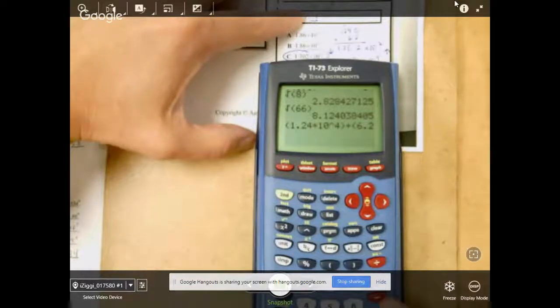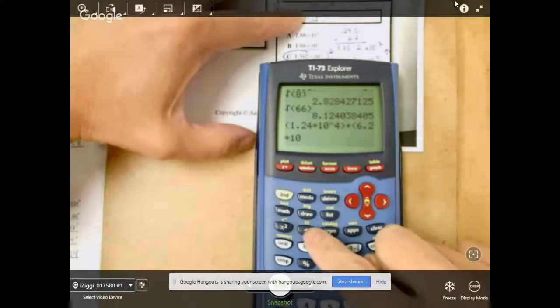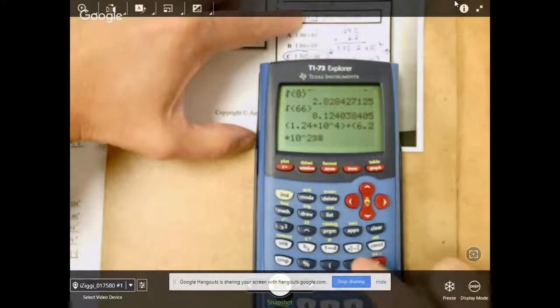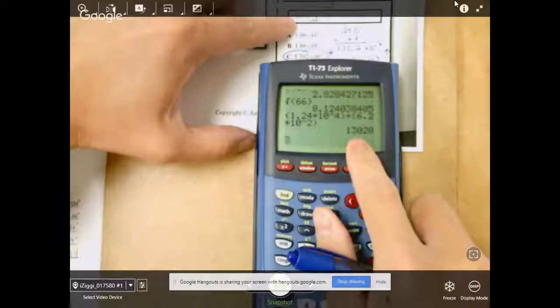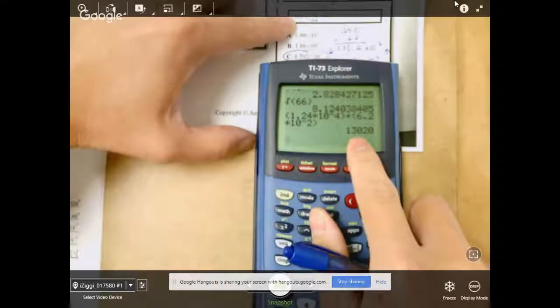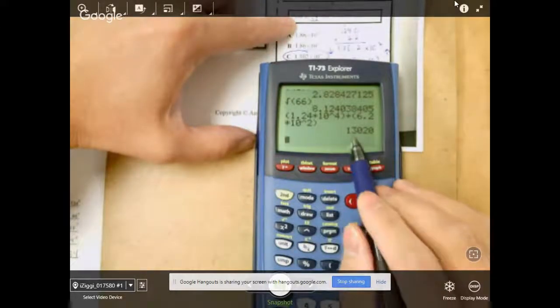Now it's exactly like how it looks on the paper, and you get 13,020. So you know you're going to have to put this in scientific notation just from your choices.